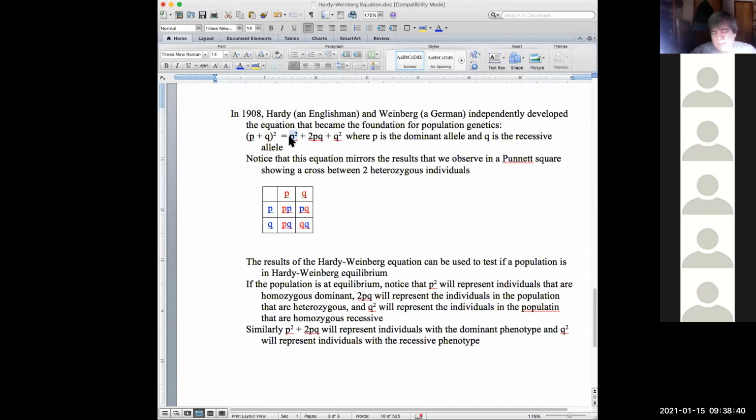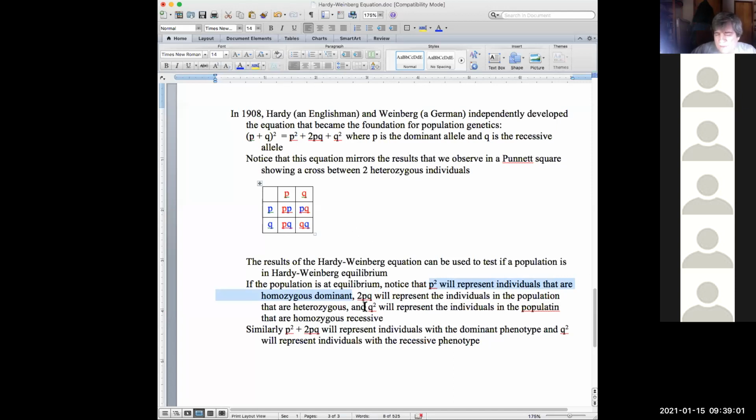So if you think about P squared, it is individuals who have 2 copies of the dominant allele. So in other words, P squared is our individuals that are homozygous dominant.